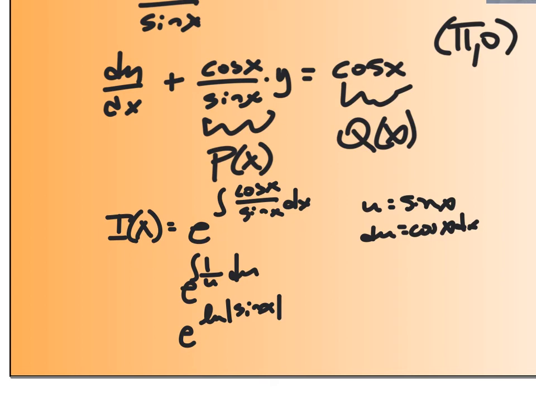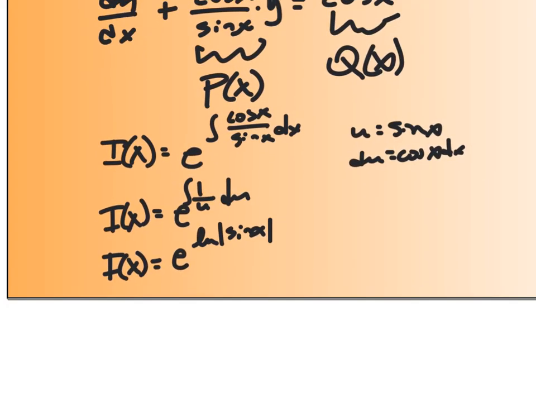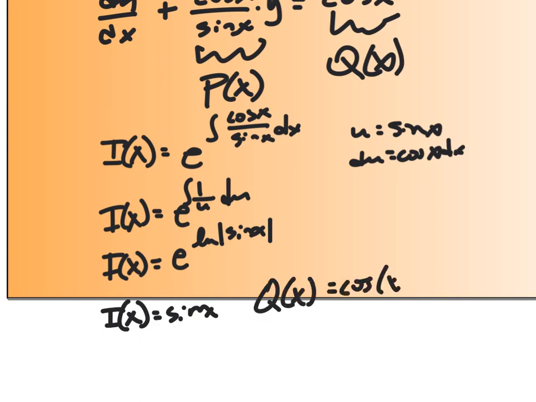Okay, and this is one of my favorite problems for this reason. This uses just about every skill you have in the book. E to the natural log of something is just that something. So I of x, in this case, is going to be sine x. Okay, and we know that q of x was cosine x.